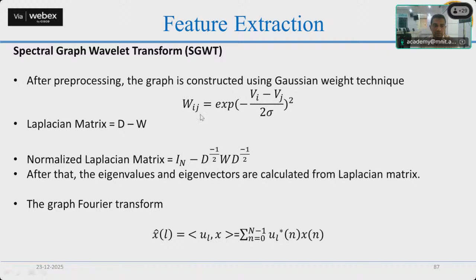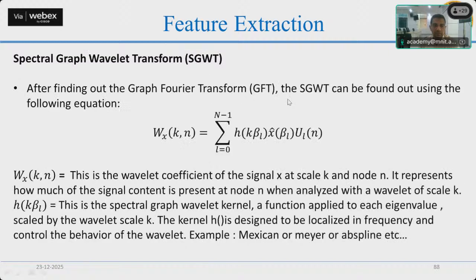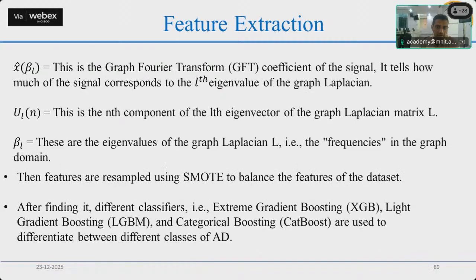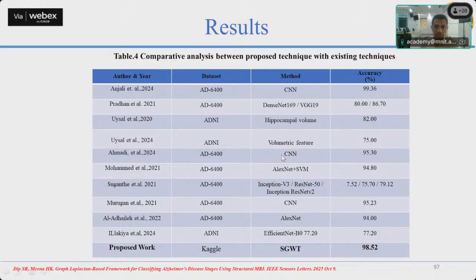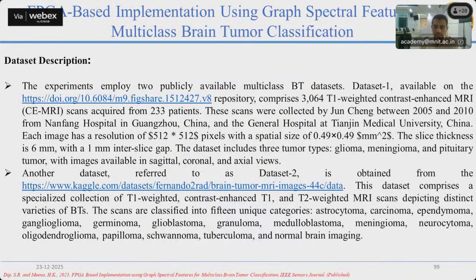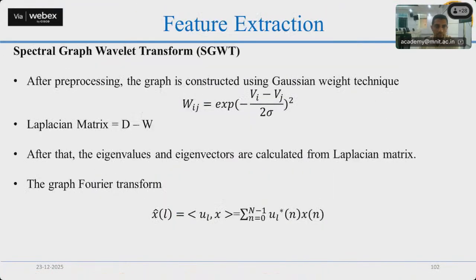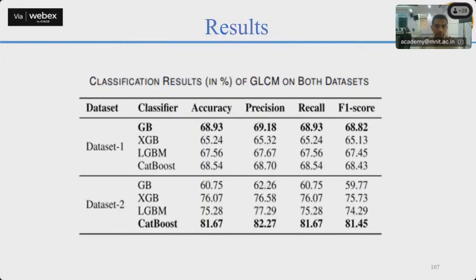So this is again where we are using Gaussian weight, and instead of using GFT, we are using a spectral graph wavelet transform, with far better results. So here you can use it. This is basically the result.